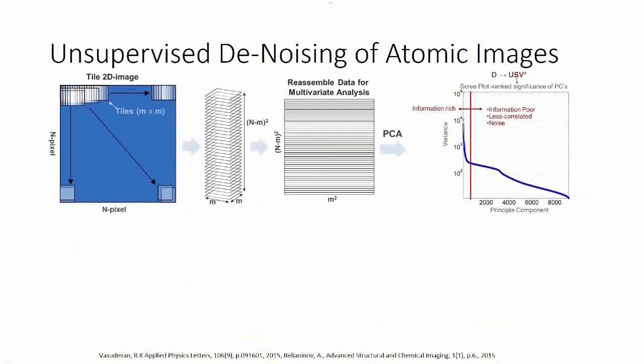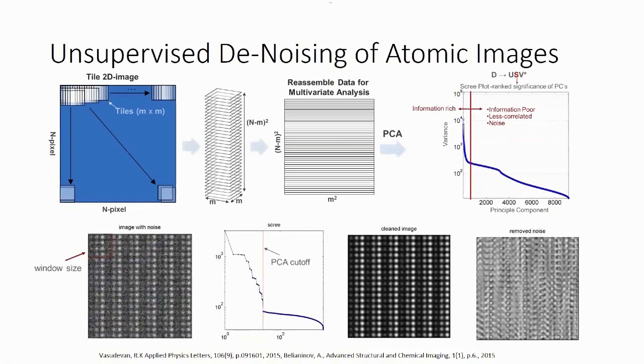What principal components analysis is going to do is orthogonalize the data and cut through variance. And at the end of the day, the things with the most variance are the most informative. The things with the least variance are information poor, less correlated, and oftentimes associated with noise.